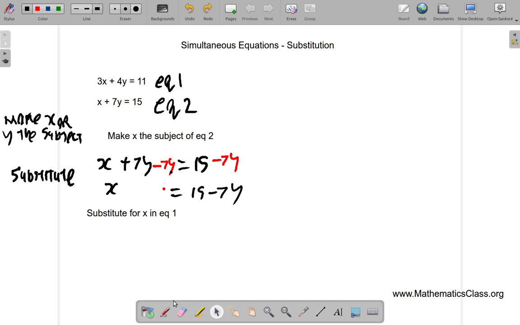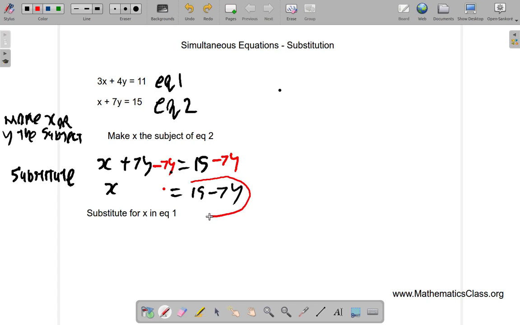Now what that means, you know that 15 minus 7y is x. You have a problem here in terms of trying to solve each equation. The problem is that you have two unknowns. You have x and y in equation 1 and you have x and y in equation 2. Two unknowns in each. But after you make a substitution, then you will partially take care of that problem.